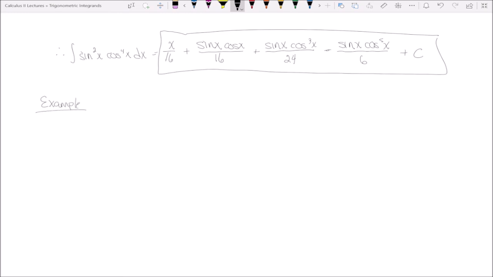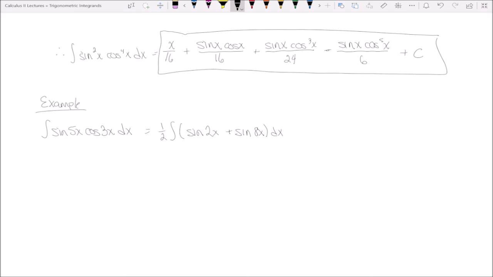All right, let's now look at antiderivative of sine of 5x times cosine of 3x. Here we're going to make use of the product to sum identity. We're going to have 1/2 antiderivative of sine of 5x minus 3x plus the sine of 5x plus 3x.